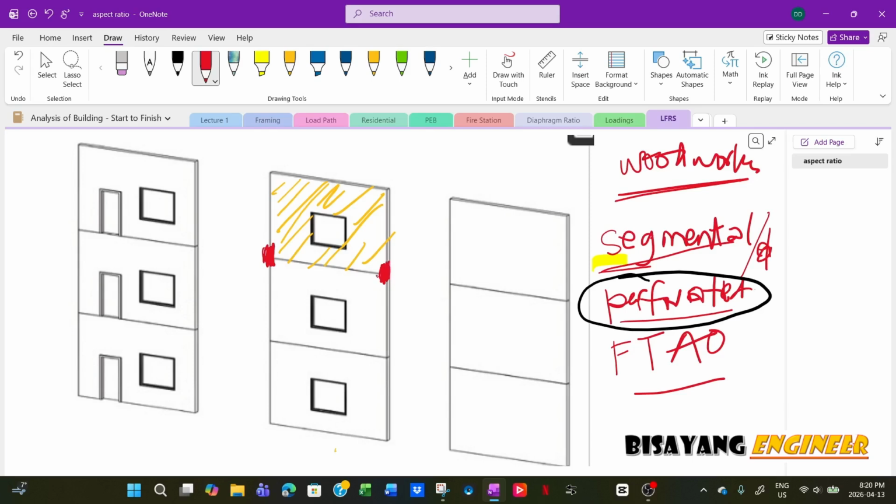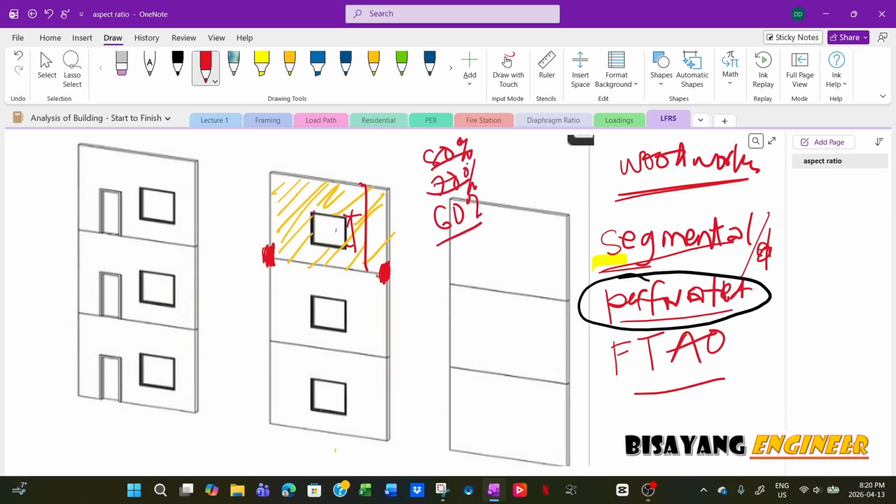It's usually smaller than segmented. But the capacity will be reduced. It has to meet certain criteria, like the ratio of the height versus the opening, and there's a table that you can use as a guide. If the ratio is that value, then you can use, say, 80% or 70% or 60% of the total capacity.